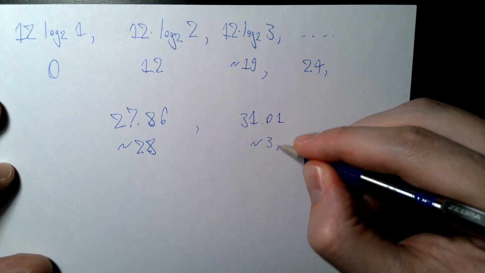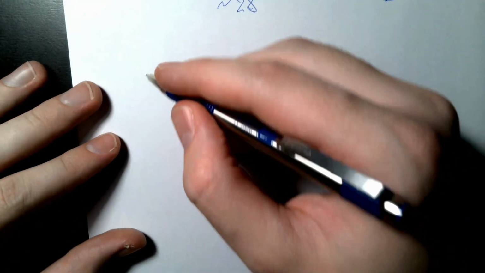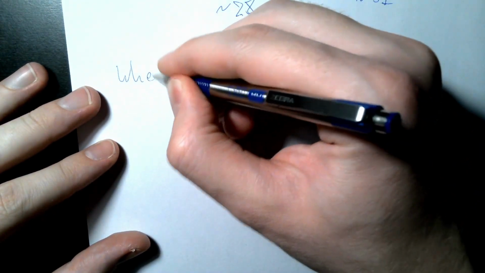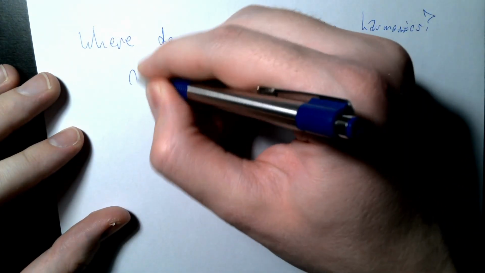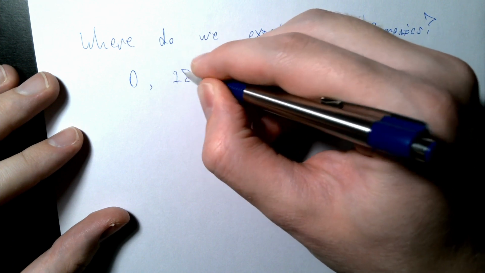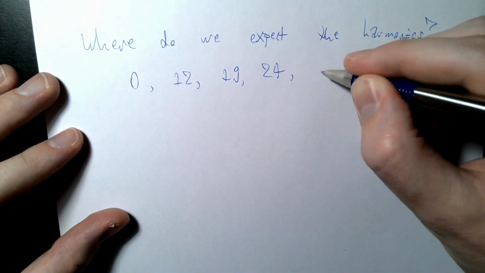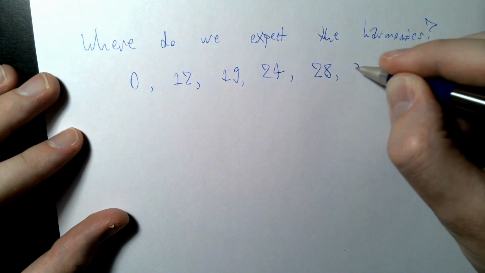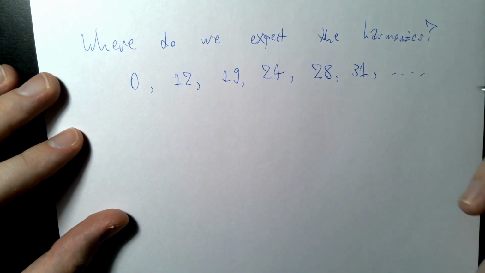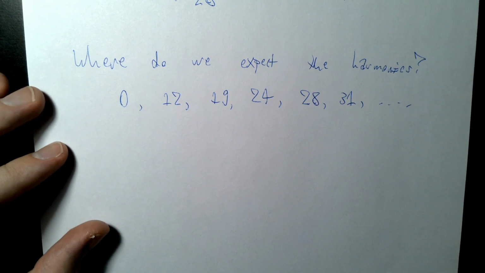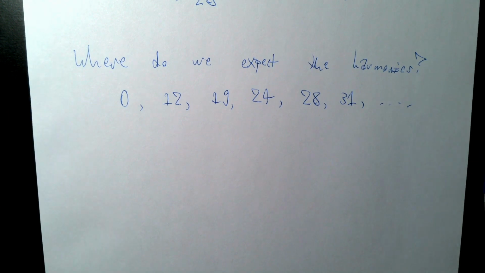So around 31. So where do we expect the harmonics? We expect them at 0, 12, 19, 24, 28, 31, and some other notes. Okay, so that's what we expect.